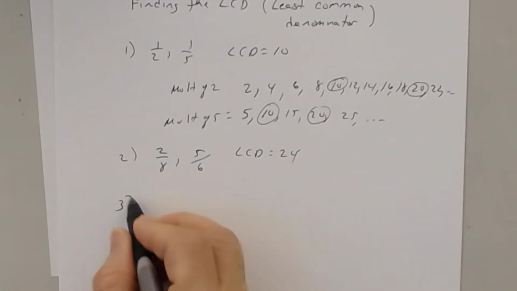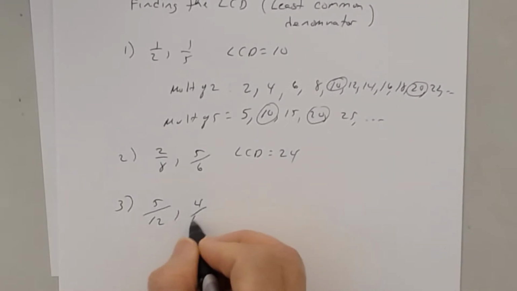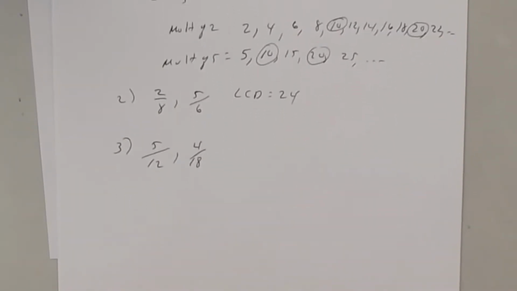All right, number 3. Suppose I had 5/12, comma, 4/18. What's the least? 36. 36 is the smallest number that 12 and 18 go into.